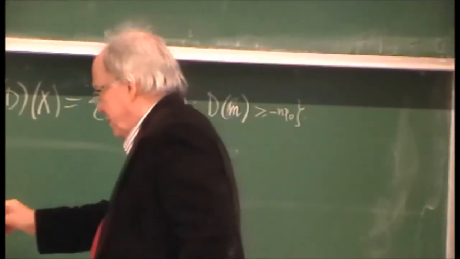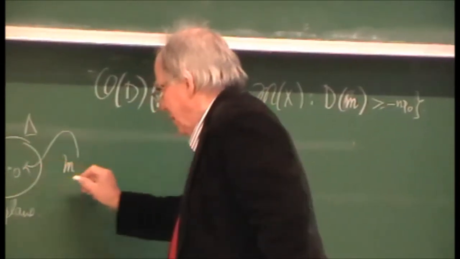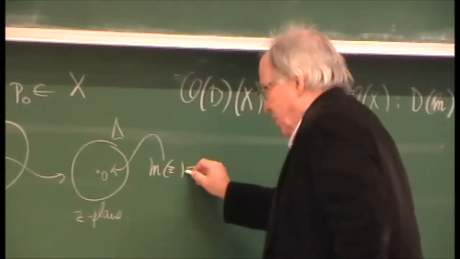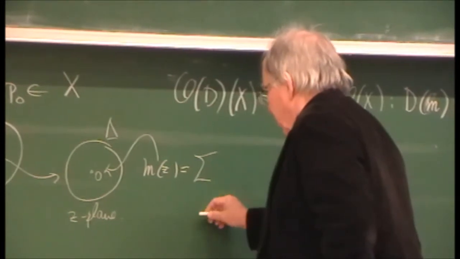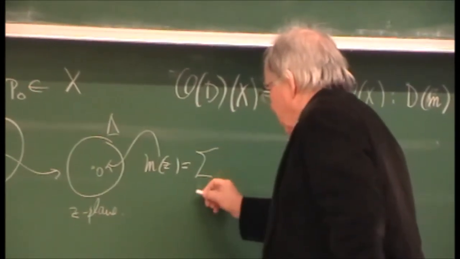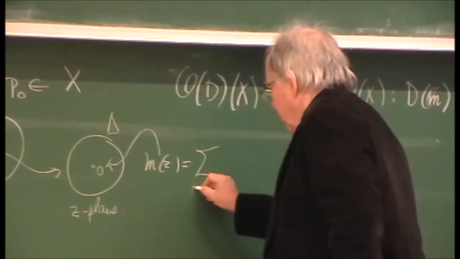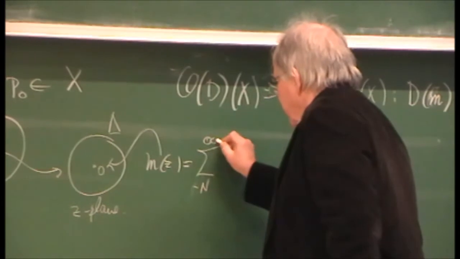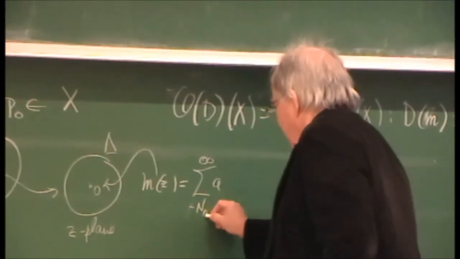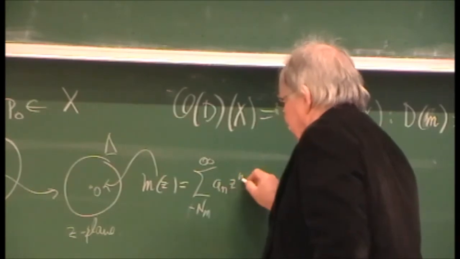In local coordinates here, meromorphic functions are, of course, sums of Laurent series, from some minus k, I don't care, some number that depends on n, a_n z to the n.